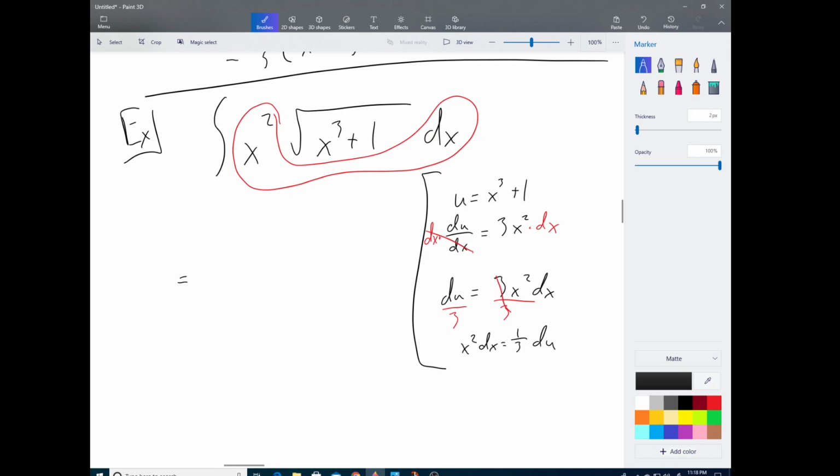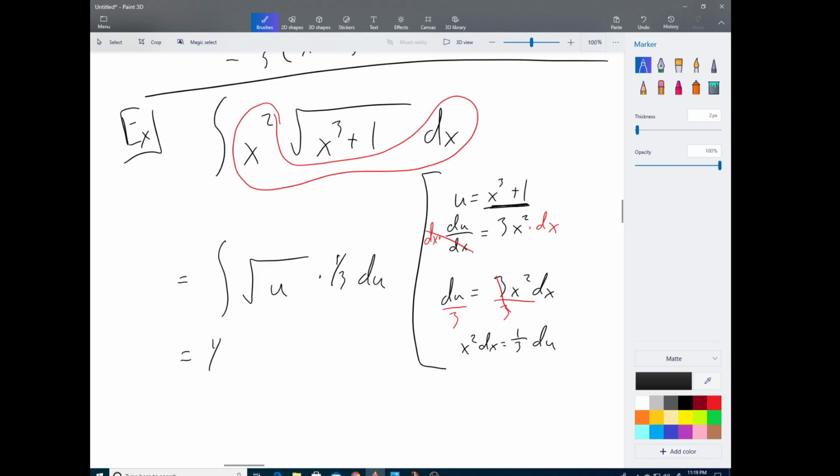So what I'm going to do here is I've got my integral, and let's go ahead and plug in what my u equals. So this will be the square root of u, and then times 1/3 du. And then let's clean it up a little bit.